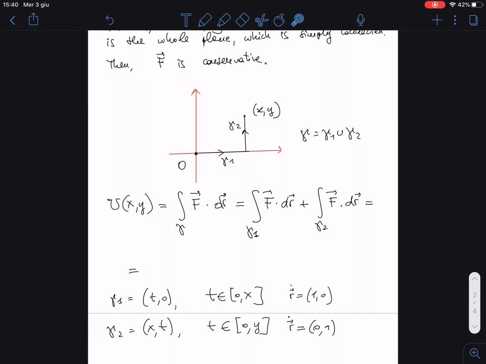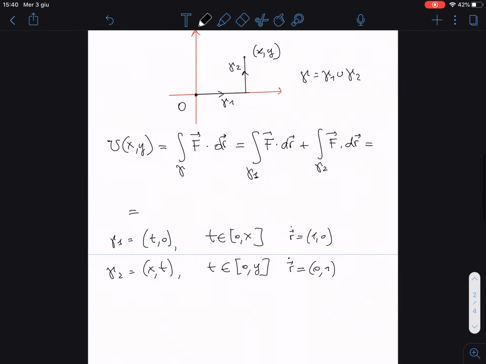This is not a law of nature, it's just a law of exercises you find in books, because they are polynomials, so when you have a variable which is 0, the field goes to 0. But okay, this is just a sort of hint. It is not a theorem. Sometimes it is not 0. We can be so tough and give you a field which is not 0 in a contour like that. But in this case it is 0. So now we have 0 plus the second.